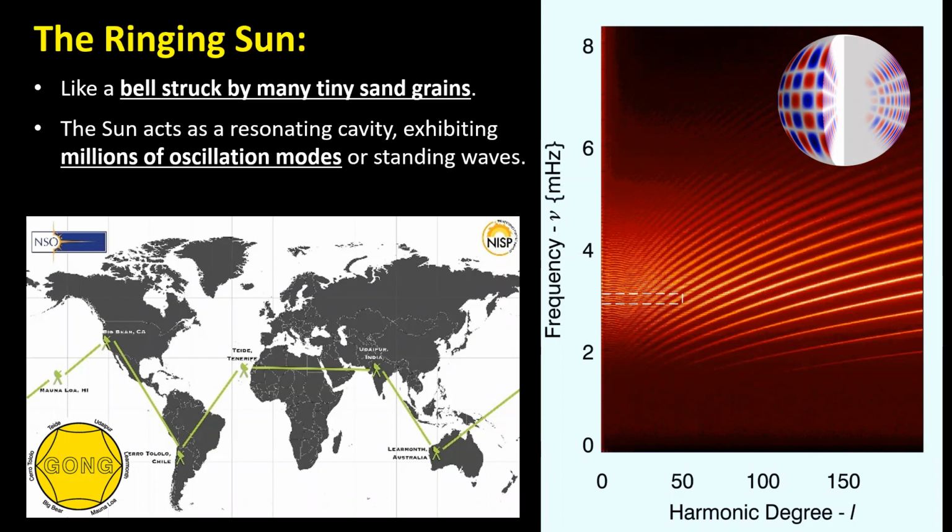And then what we see in our Sun is that there are millions of oscillation modes that are resonant to the solar interior, and they get to live. And we are seeing them as the P mode spectrum. Okay, so in this research, we were trying to find out if we can find the contribution of these individual tiny sand grains, or the acoustic sources.